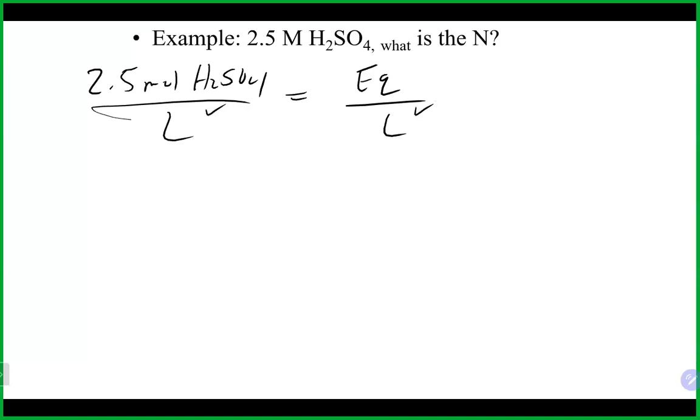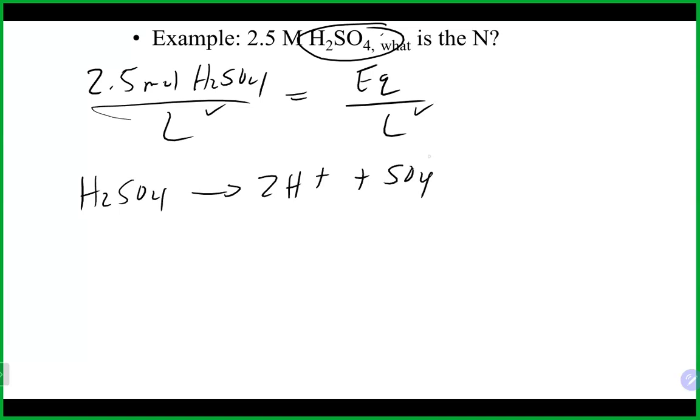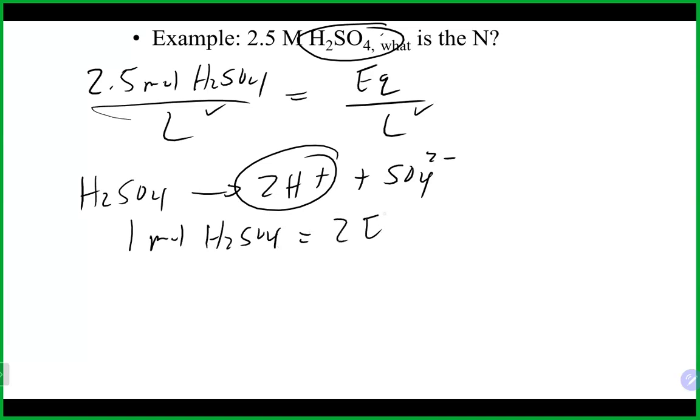We just need to change the top part from moles to equivalents. We do it the exact same way as we just did. H2SO4 breaks apart into two H pluses and an SO4 2 minus. That gives me a 2 for my equivalents. 1 mole of H2SO4 will give us 2 equivalents.